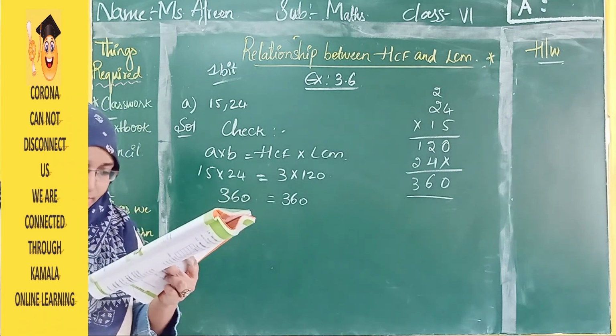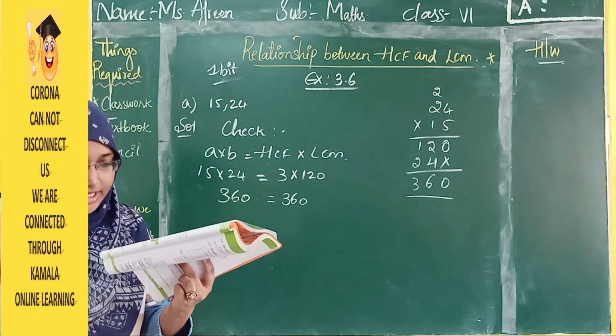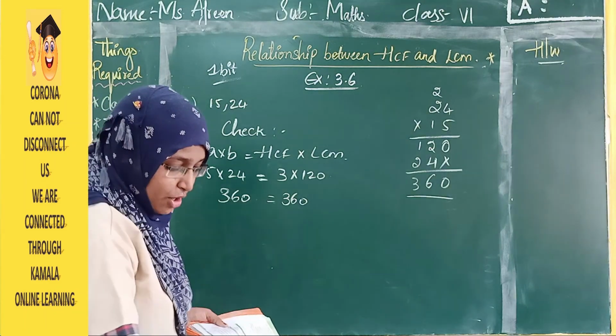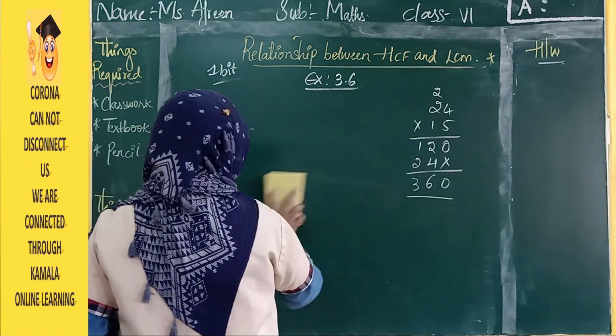If the LCM of two numbers is 216 and the product is 7776, what will be its HCF? Just now we have written the formulas for HCF. If you recollect, it will be very good.